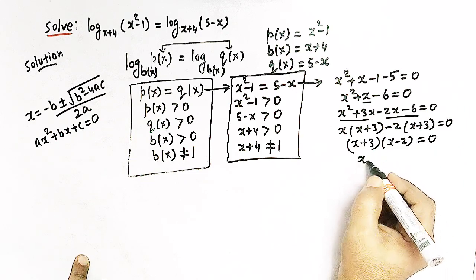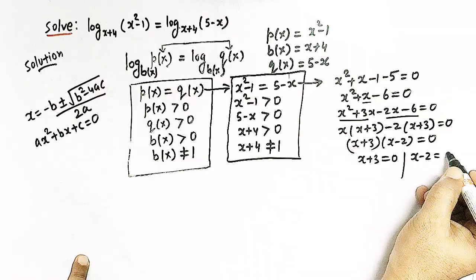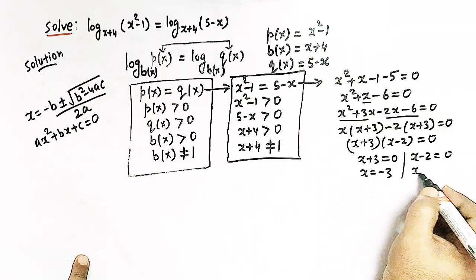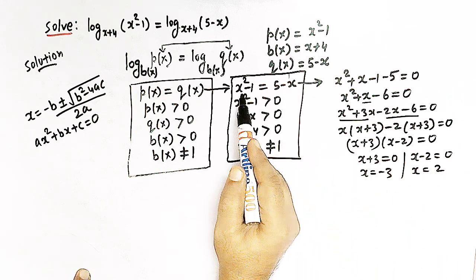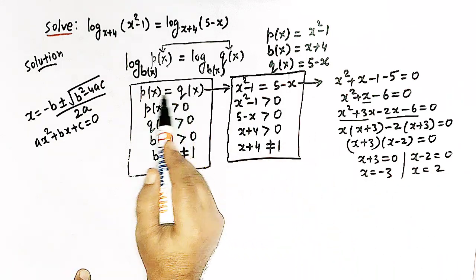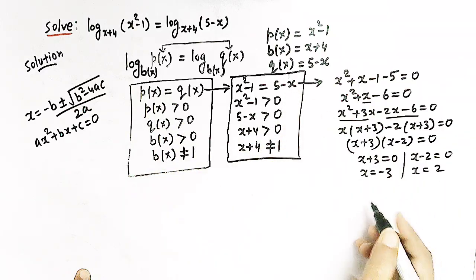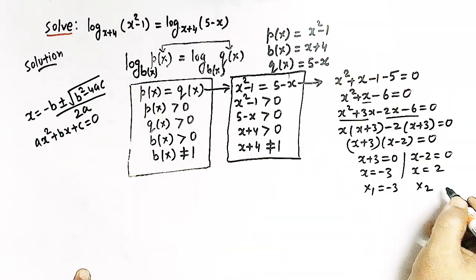So from here we have x plus 3 is equal to 0, and from here we have x minus 2 is equal to 0. So from here x is minus 3, from here x is equal to 2, right? So from this condition p of x is equal to q of x, we have two values of x. Say x1 is minus 3 and x2 is equal to 2, right?